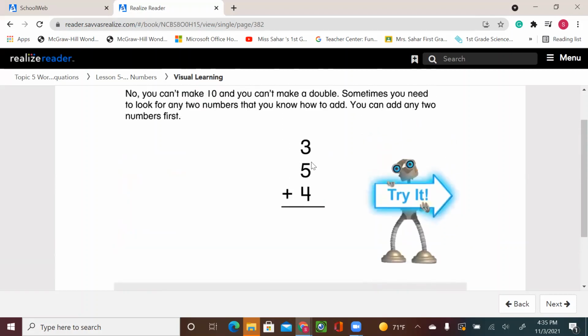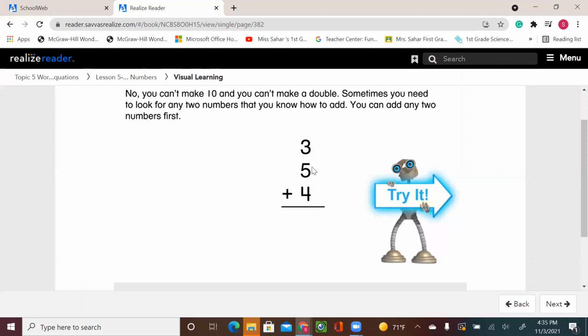All right. So sometimes you don't see tens or doubles, but here we can do it a different way. We can add the first 2 numbers, 3 and 5, to make 8, and then add 8 plus 4.